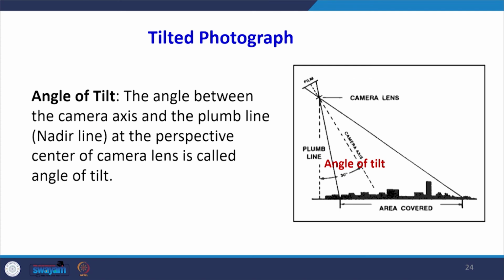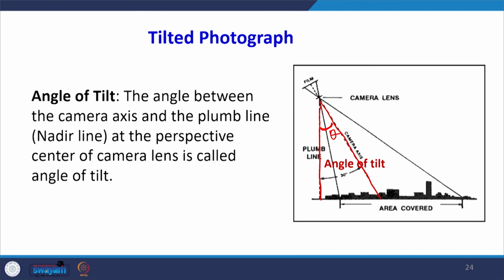Now, when we are dealing with the tilted photograph, the camera axis is not truly vertical, but it is inclined. So, when my plumb line is vertical, this is my plumb line direction, the vertical line direction, and here my camera axis is inclined at a certain angle. The angle which the camera axis makes with the plumb line, we call the angle of tilt.